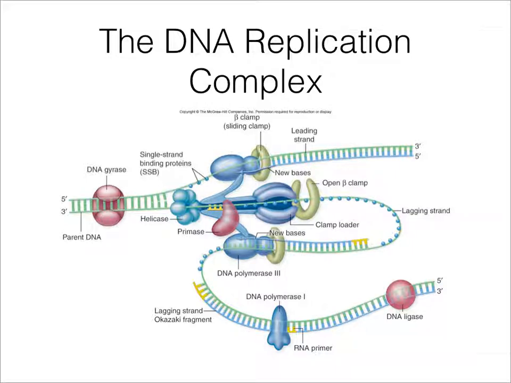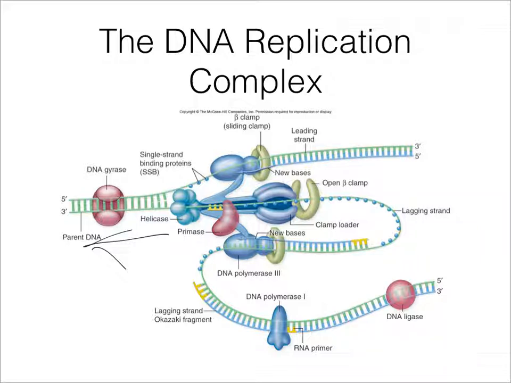Here we have a few single-stranded binding proteins, and this is our core polymerase, and it's going through the core polymerase to the clamp. And as you move, remember, we're moving this direction. As you move this direction, you add on boom, boom, boom, boom, boom. New bases. That's the leading strand.